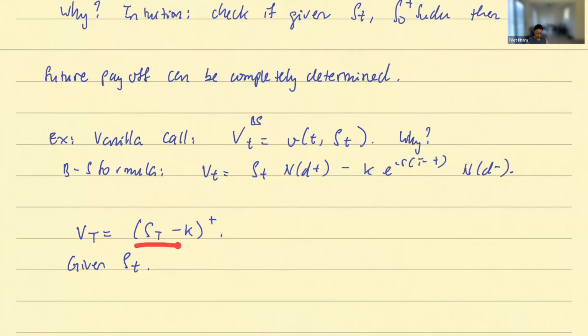Well, how is the future stock price dependent on the current stock price? This is easy, because that's just the Black-Scholes model. It will be S_t e to the (r minus 1/2 sigma squared)(T minus t) plus sigma (W tilde big T minus W tilde small t).